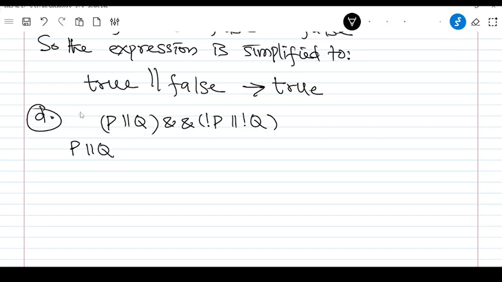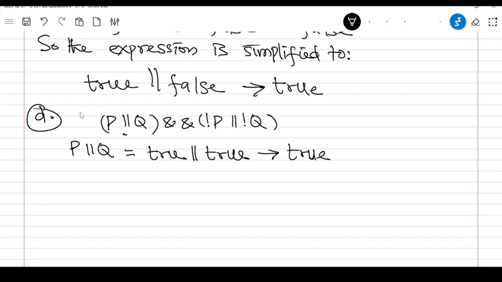So P or Q, which is this first one, is going to be equal to, what is P? P is true. Or what is Q? Q is also true. So true or true is going to be equal to true.